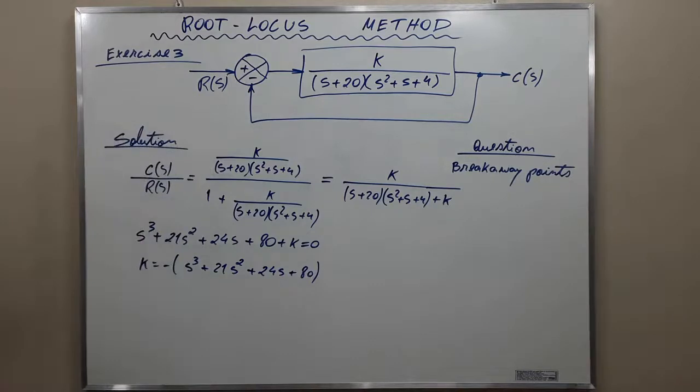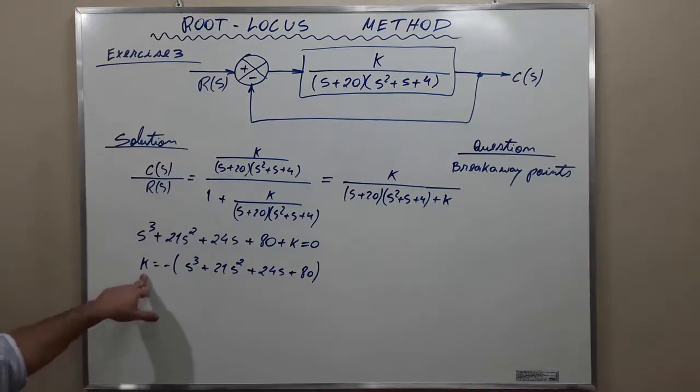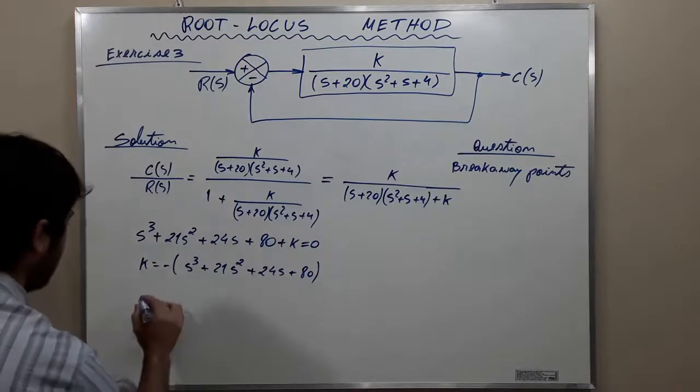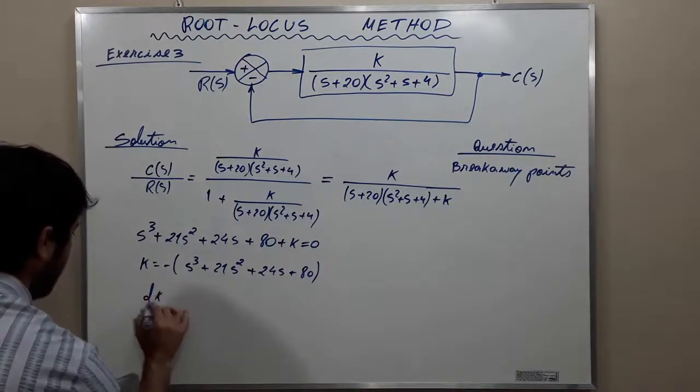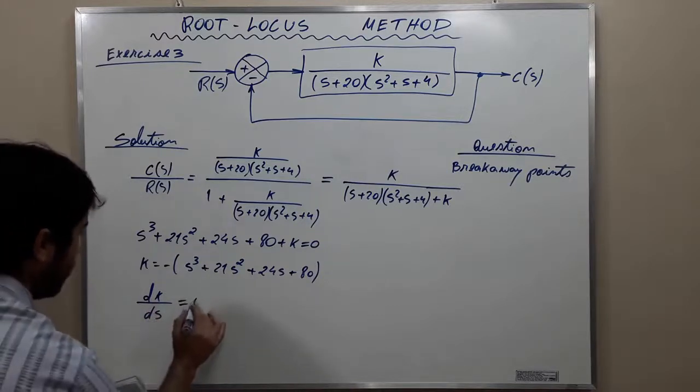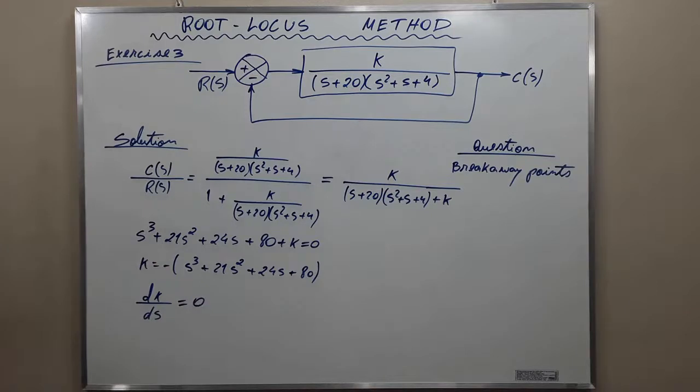And to find the breakaway points, we need to differentiate K with respect to S and equal it to 0. Then the derivative of K with respect to S has to be equal to 0. Okay? When this happens, we have the breakaway points.